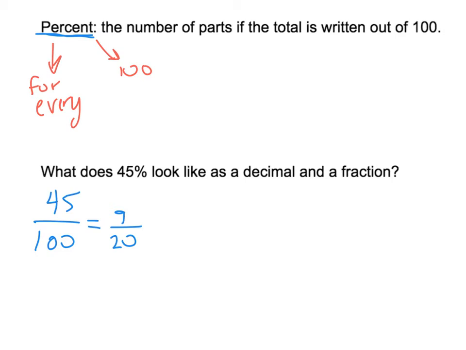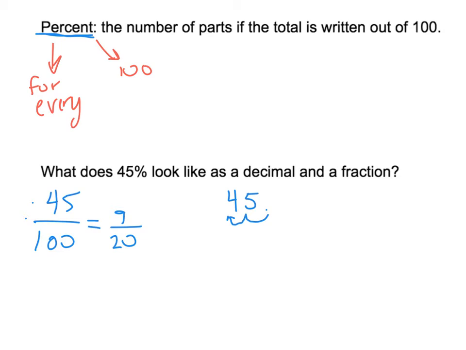And then we can write it as a decimal. And a decimal is also very easy. If 45 is our whole number percentage, we'd take our decimal point and move it 2 spots to the left. Because remember, if we look at our fraction over here, this is really just 45 divided by 100.